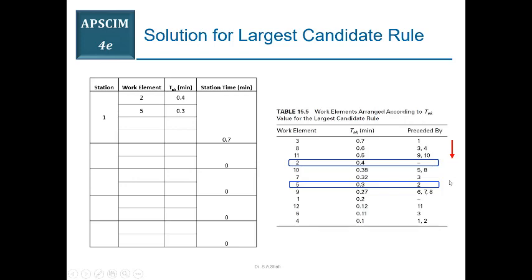So after selection of a feasible element, as I told you, it is a repetitive process, so you have to go back to the start of the table and then again look for the next feasible element.